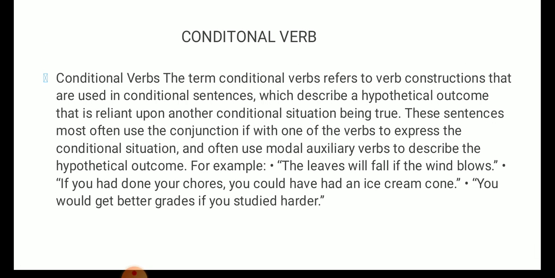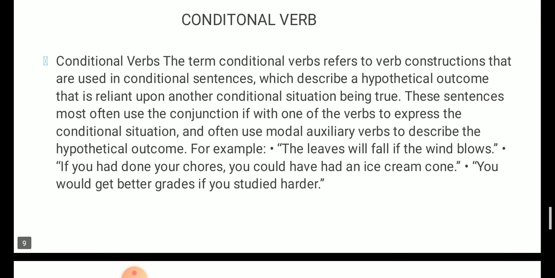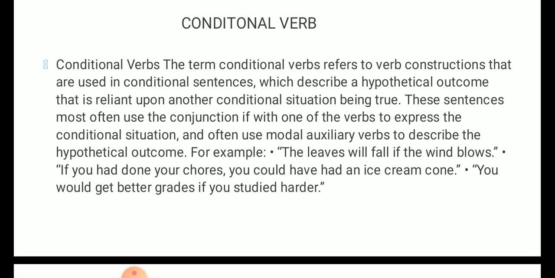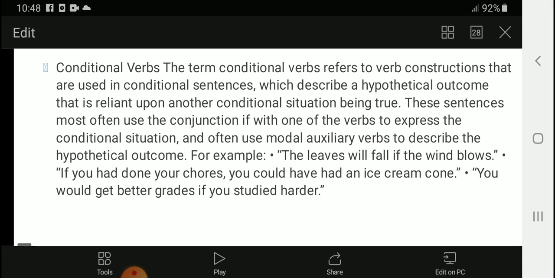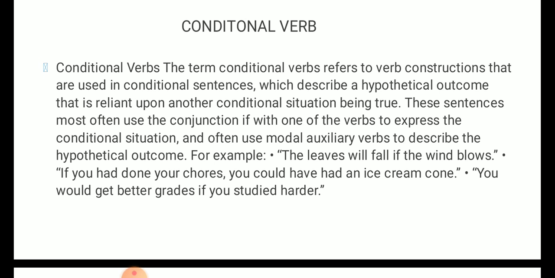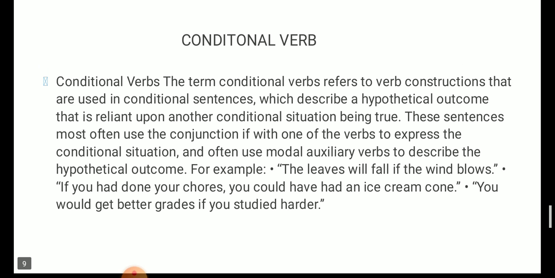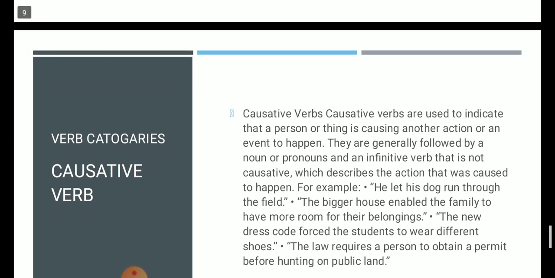For example, the leaves will fall if the wind blows. If you had done your work, you could have had an ice cream. You can see here if has been used and could has been used. This type of construction is used in conditional verbs.